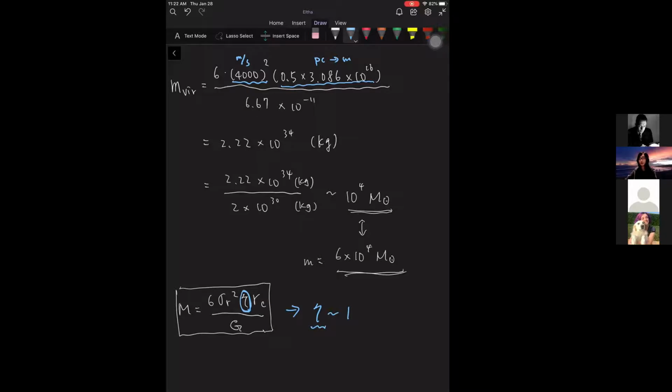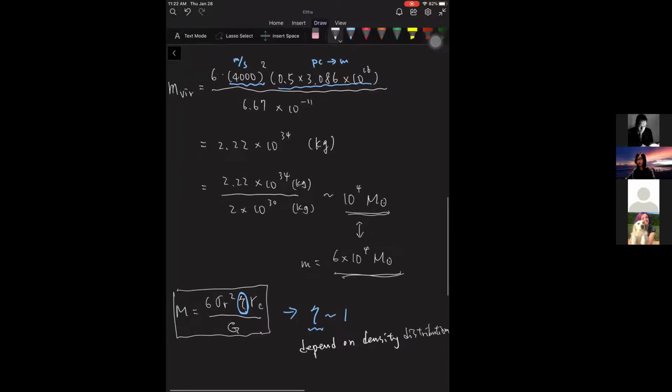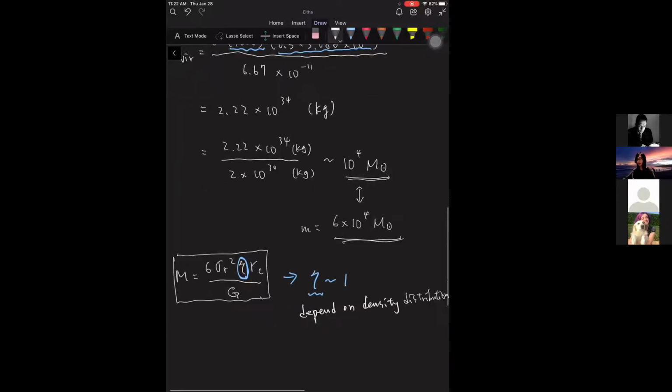Does that sound okay? Great. So I'll write it down: this would depend on density distributions. Okay, thanks for asking that question.